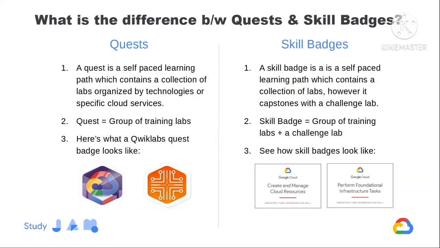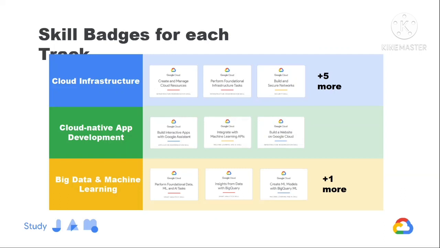Once you complete a challenge lab, you get a skill badge, and once you complete a quest, you get a quest badge. As I mentioned above, the cloud infrastructure includes 8 skill badges, cloud native app development includes 3 badges, and big data and machine learning includes 4 skill badges.